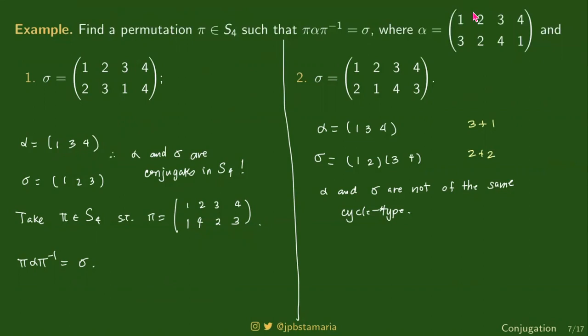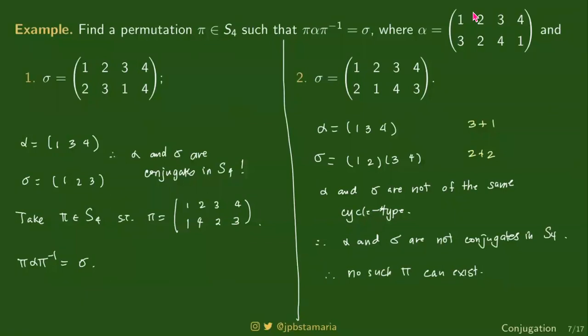Okay. So, ano conclusion about alpha and sigma? Because they are not of the same type, alpha and sigma are not conjugates in S sub 4. Therefore, no such pi can exist. Hindi ka makakahanap ng pi na makakapag-conjugate sa alpha to get sigma.